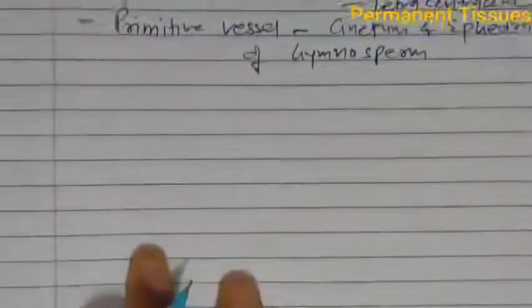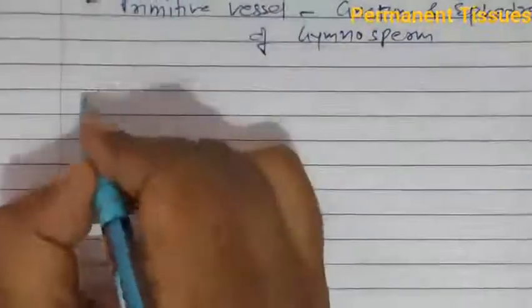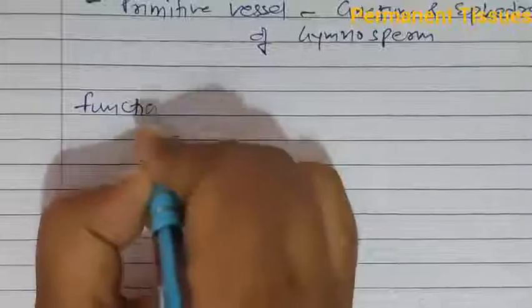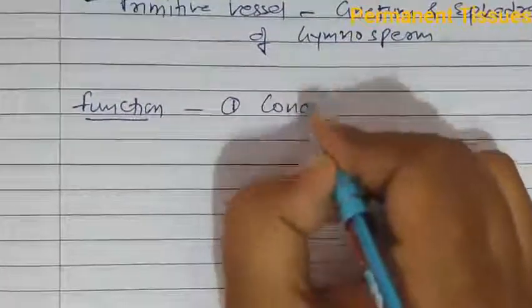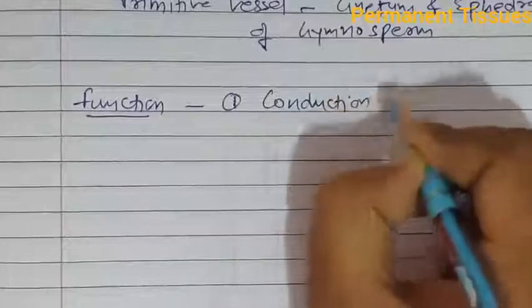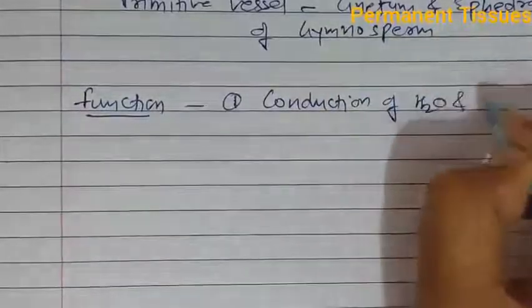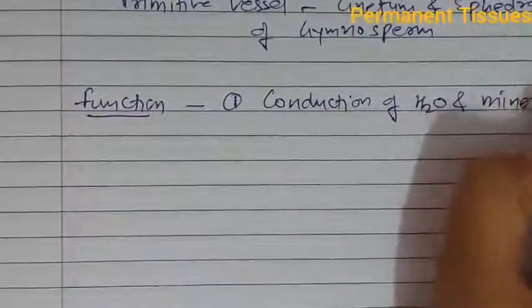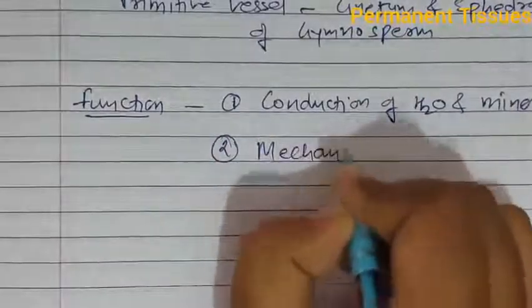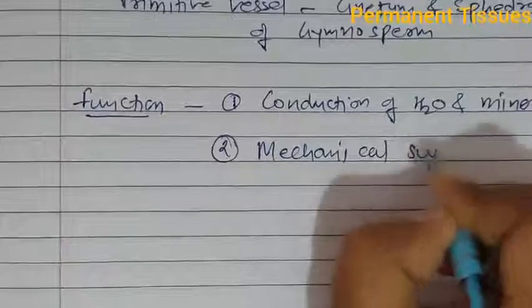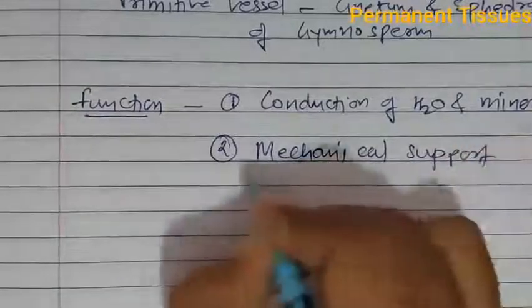So this is the characteristic of the vessels. Now we talk about function. So when we talk about function, we get to know that they play a role in conduction of water and minerals, and second, mechanical support.